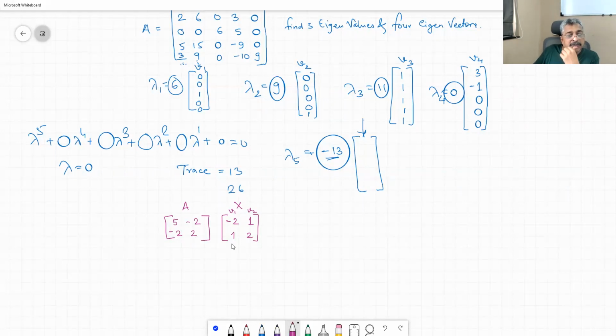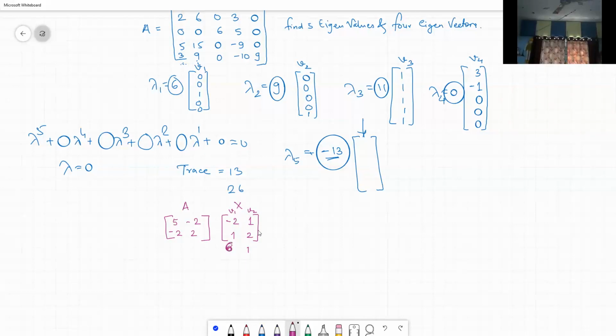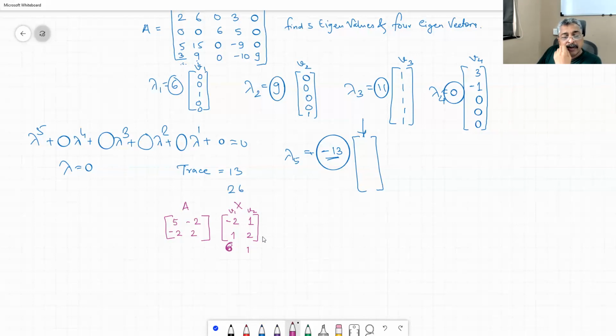So this is minus 12, corresponding to 6, and this vector is the eigenvector corresponding to 5 minus 4, 1. Is that right? So these vectors are correct. So I put them here and multiply A by x, which is easy.